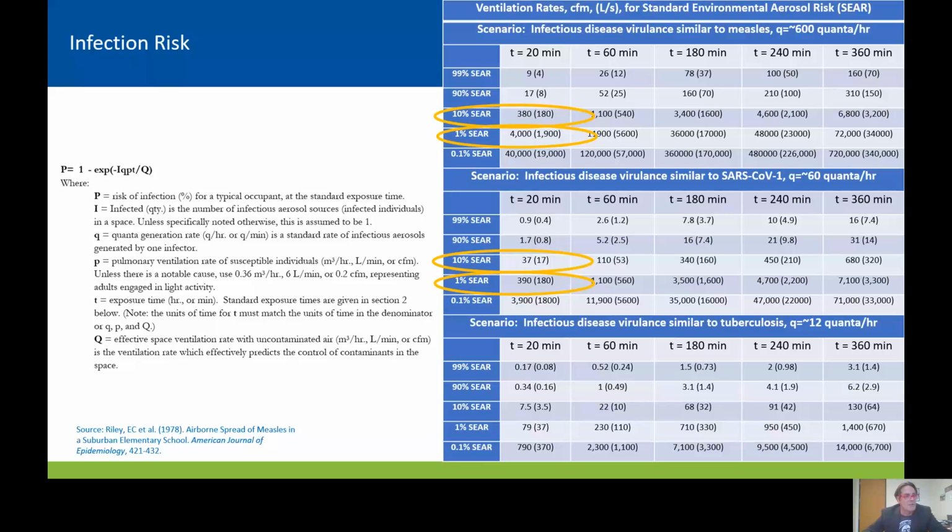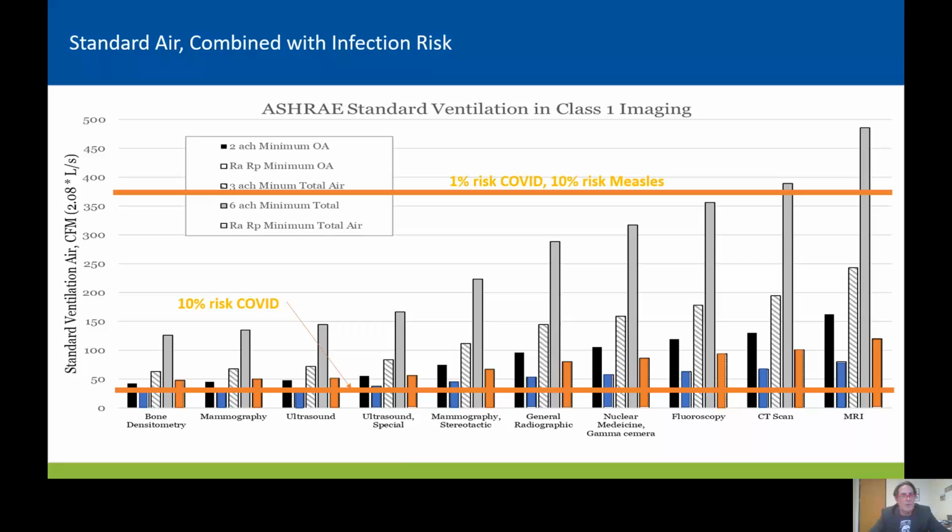Another thing worth noting is that the room environmental aerosol risk is a function of the total ventilation of the room, not just the outside air. Every CFM counts. Every CFM that you bring into the room acts to dilute those infectious aerosols. So if we take this 37 CFM number and the 370 CFM number and remap that back onto the standard aerosol requirements, you can see where we stand.